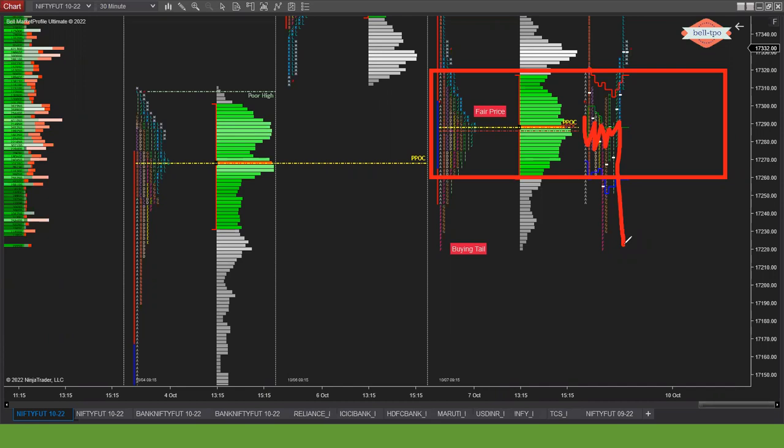Think about that. Most intraday traders, most very short-term traders, enter there. I can tell you, very rarely do they benefit from that. Most of the time, they enter at very wrong locations.